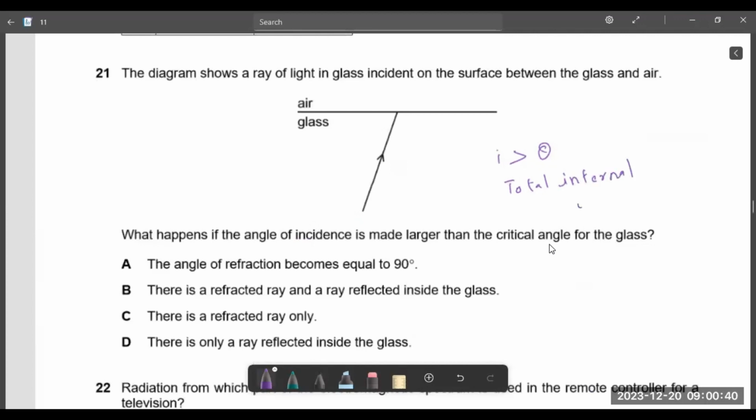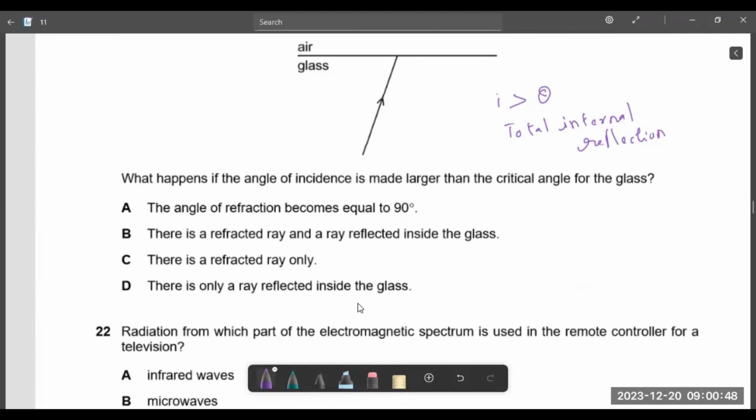So all the rays will be reflected inside. Here only one ray is incident and that ray will be reflected inside the glass. So D is the right answer.